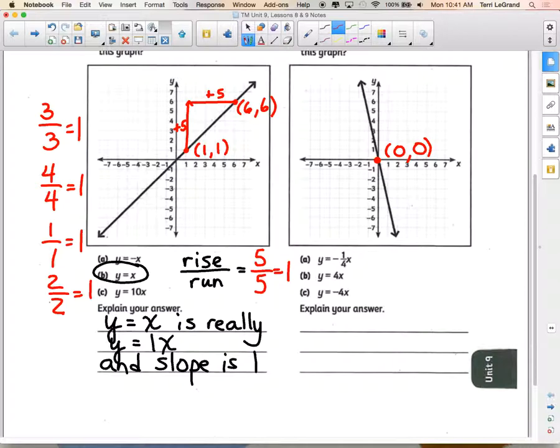So when I say that I wanted to have integer coordinates, what are we looking for? What kind of a spot are we looking for? Every grid line represents an integer value of 1 unit, whether you're on the y-axis or you're on the x-axis. So we should be looking for where the line crosses an intersection of grid lines. Those would be integer coordinates.